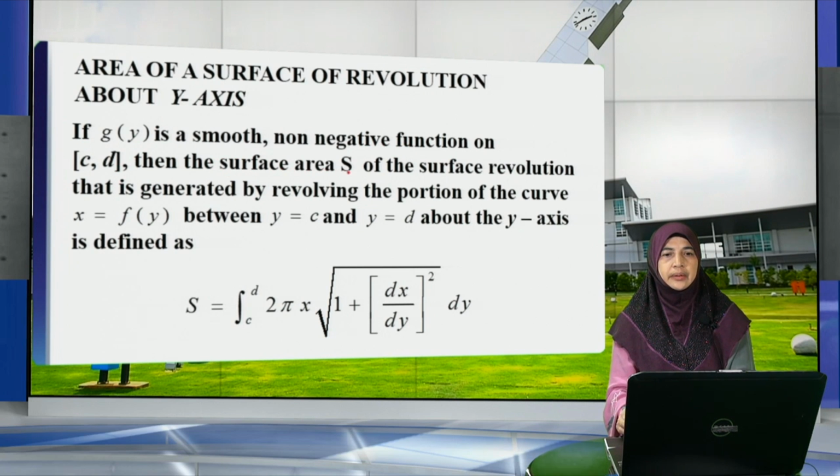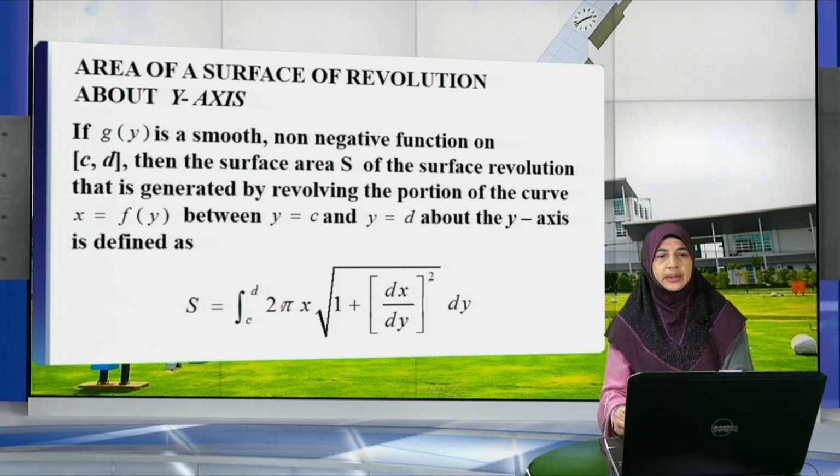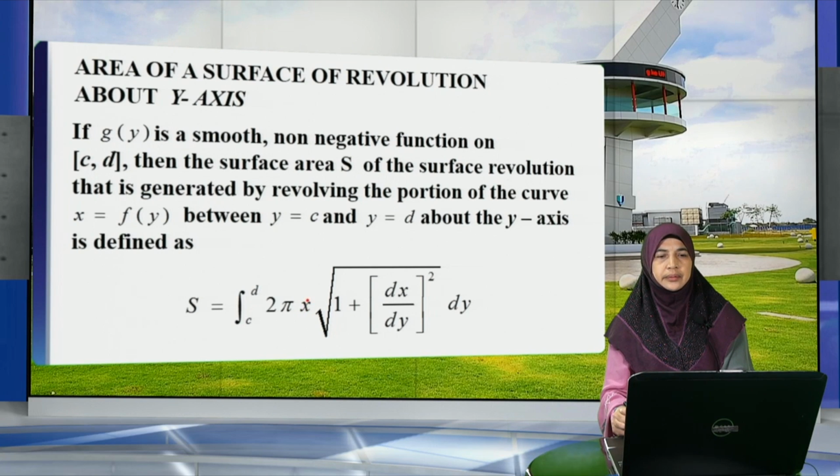Then the surface area S of the surface revolution that is generated by revolving the portion of the curve x equivalent to f(y) between y equivalent to C and y equivalent to D about the y-axis is defined by this. Also, this one is 2 pi x. Now, x here is the radius, okay, and this is the small s here. Remember the small s, and we integrate with respect to dy.